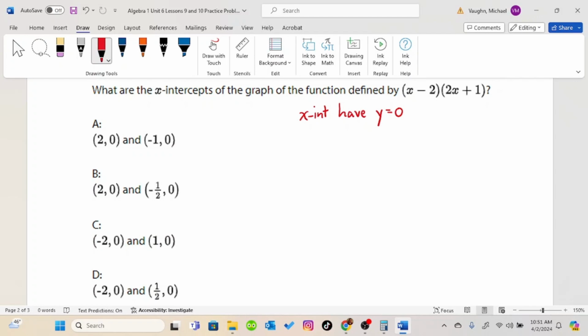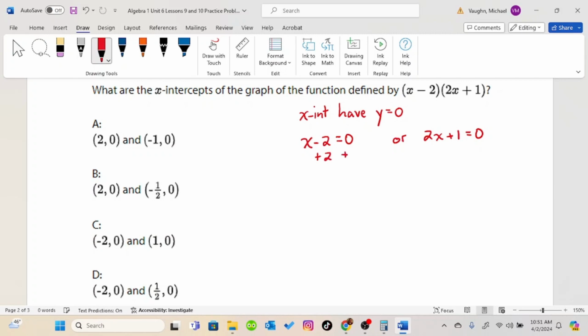That means x − 2 equals 0, or 2x + 1 equals 0, because I'm going to multiply two numbers and get 0 as an answer, so one of them must be 0.